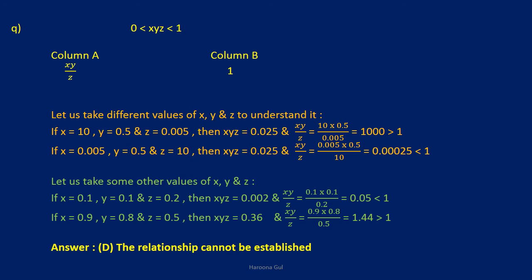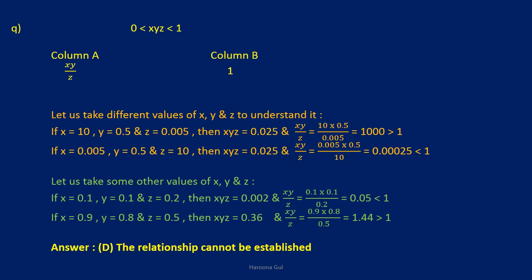Now, if we interchange the values of x and z, that is, if x is equal to 0.005 and z is equal to 10, and the value of y remains the same, that is 0.5, then the product of x, y and z will be the same, that is, it will be equal to 0.025. But x into y over z will be equal to 0.00025, which is less than 1, which is less than column B, right?